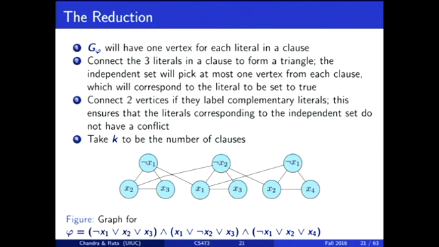So why can I pick m vertices if the formula is satisfiable? What does it mean that the formula is satisfiable? That means there is a truth assignment, which I may not know, such that in every clause at least one literal is true. So think of a truth assignment for this formula.